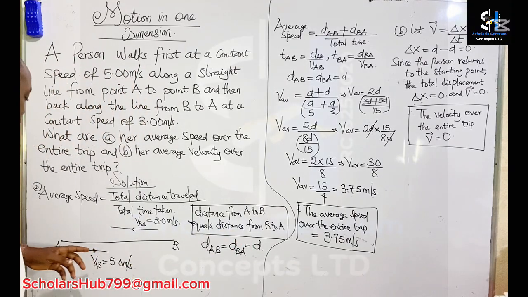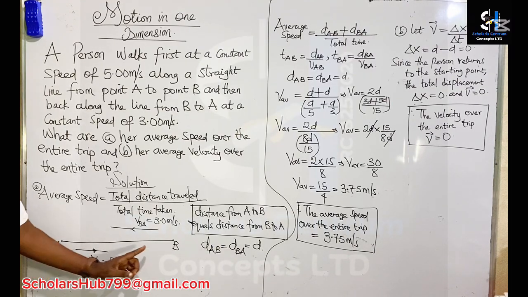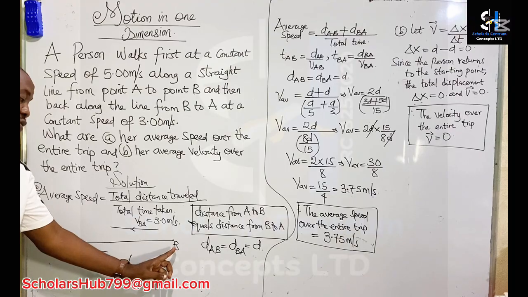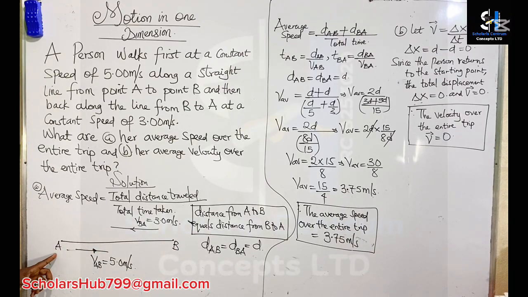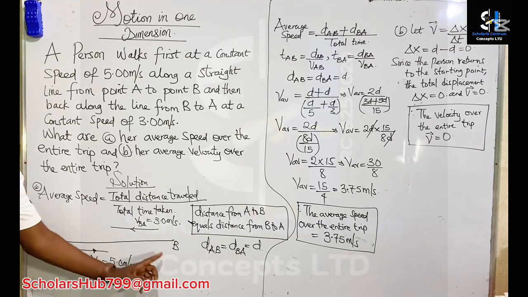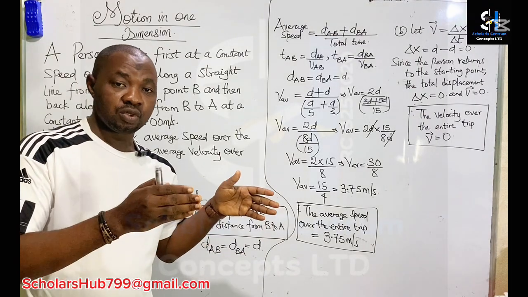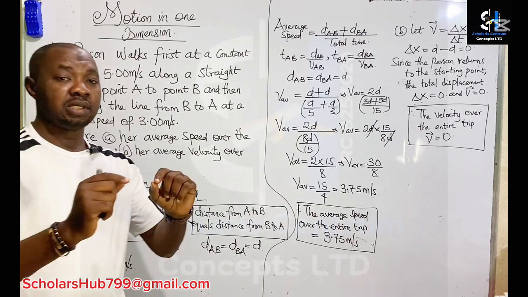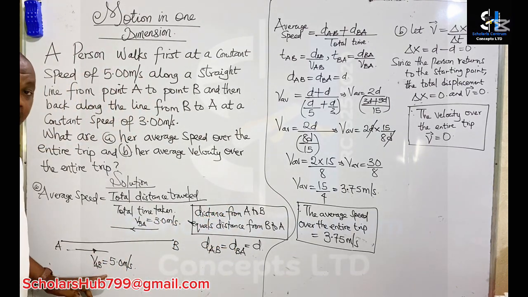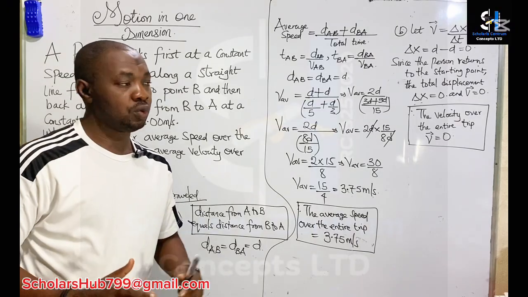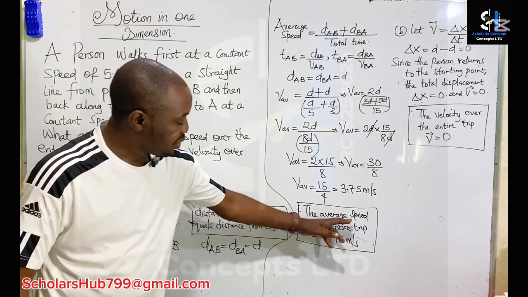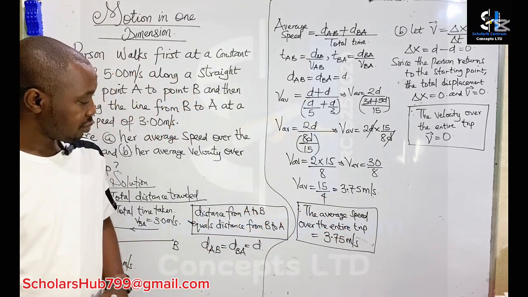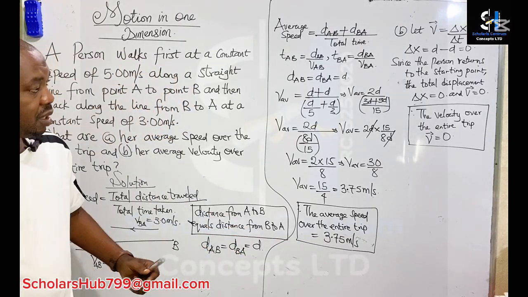Remember I said the distance traveled from point A to point B is equal to that from B to A. She walks from B to A after she walks from A to B, and the distance will be constant, but the time and the speed vary. And like I said, the average speed over the entire trip is 3.75 meters per second.